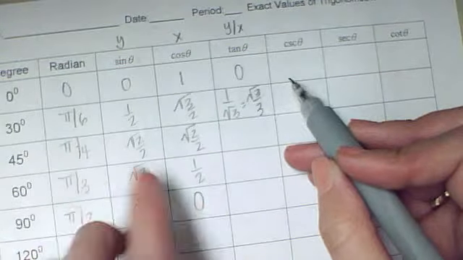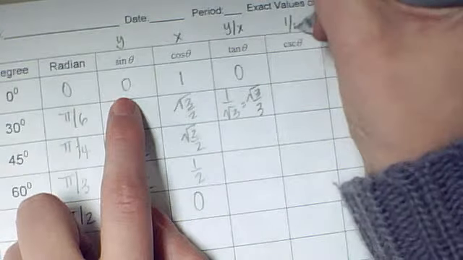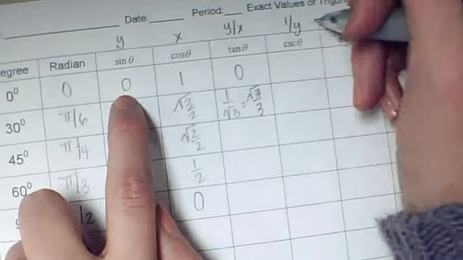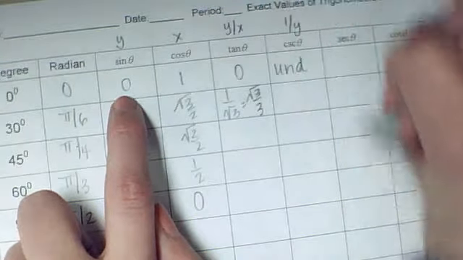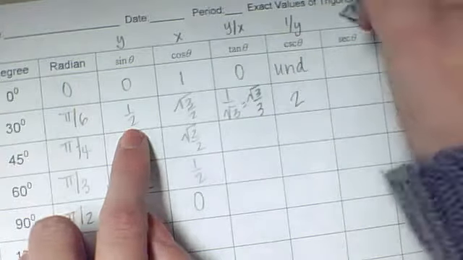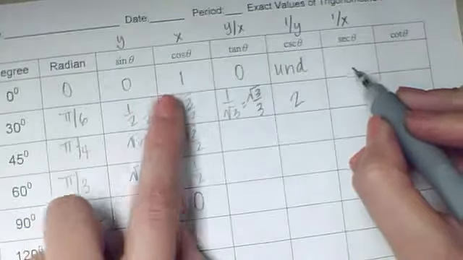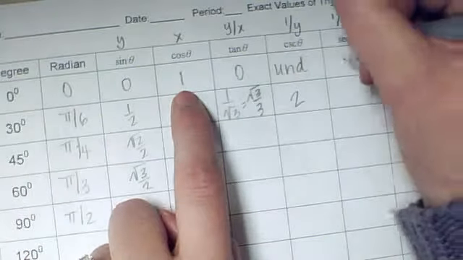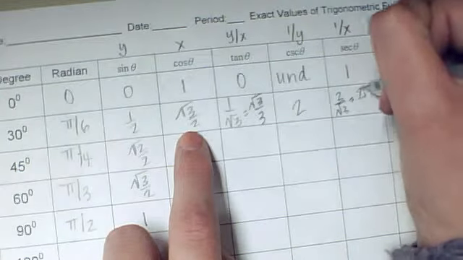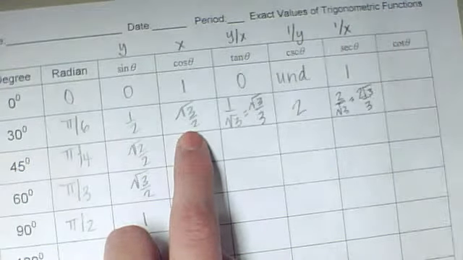Our cosecant is our sine flipped, that's 1 over y. 1 over 0, of course, because I can't flip 0, is undefined. 1/2 flipped is just 2. Our secant is 1 over x, so 1 over 1 would be 1. This one flipped would be 2 over root 3, which is 2 root 3 over 3 if I simplify.